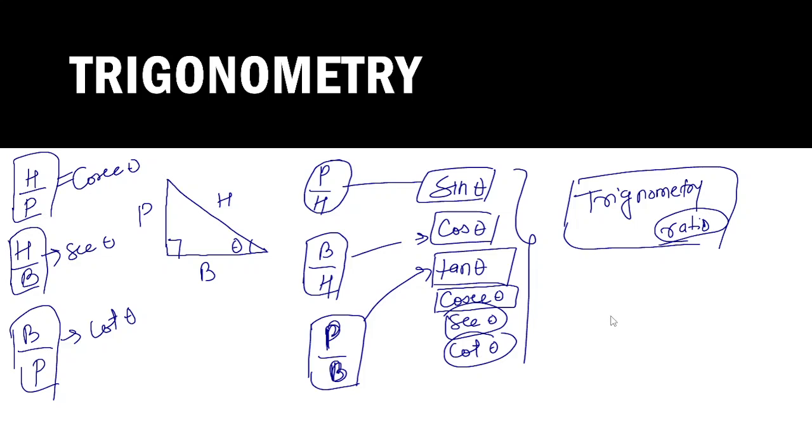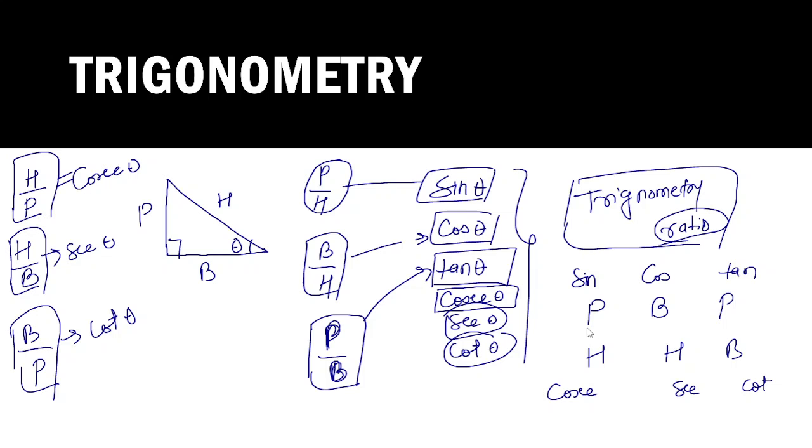So there is a trick to remember the ratios, that is Pakistan Bekar Para upon Hindustan Hara Bhara. This one is sine, cos, tan, cosec, sec, and cot.